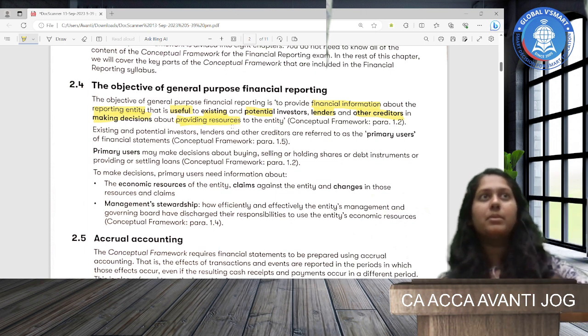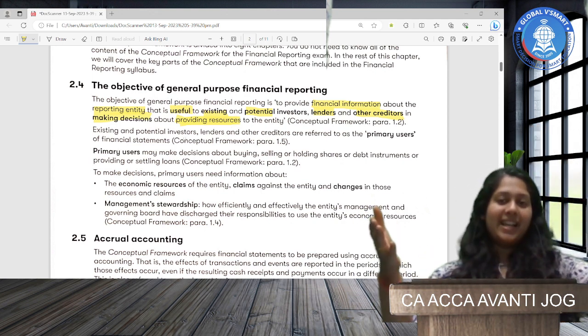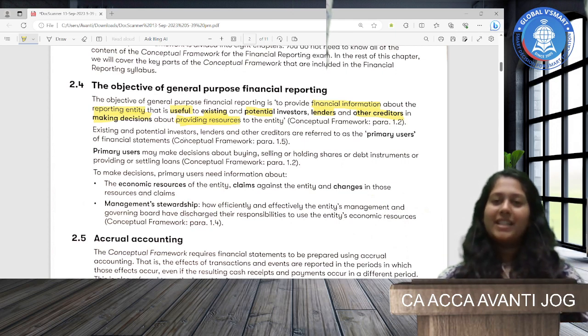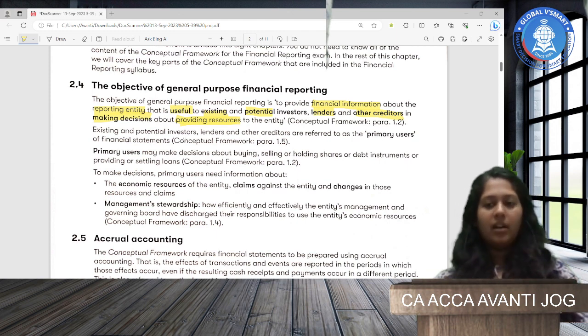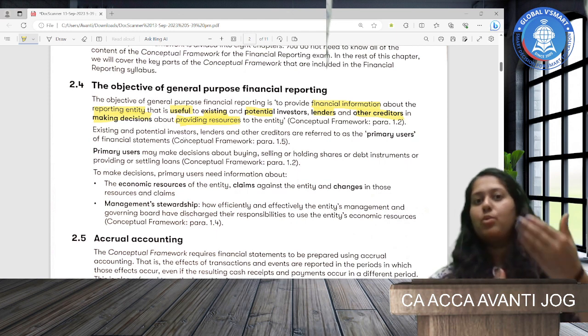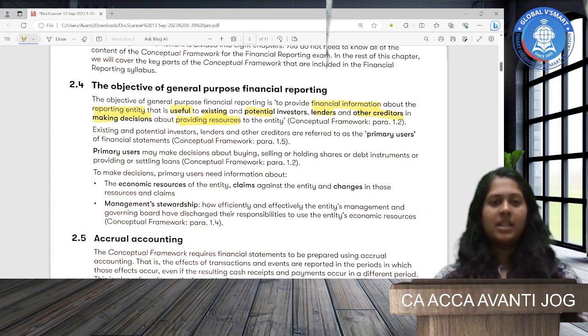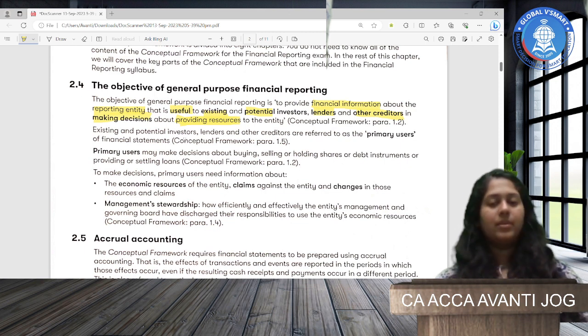In basic, simple terms, whether they can continue transactions with your company, whether they can add transactions, whether they need to reduce the transactions, etc. For example, a supplier will decide what is the financial health. Is the company able to pay our future obligations as well? If it is, great. The supplier will continue its transactions. If the company is doing very well, then the supplier may take one or more consignments. If the company is not doing that well, the supplier may reduce the consignments with the company.